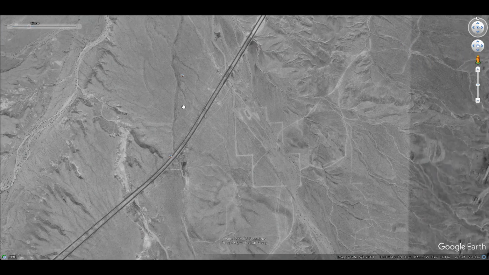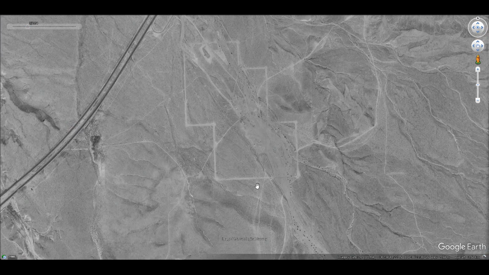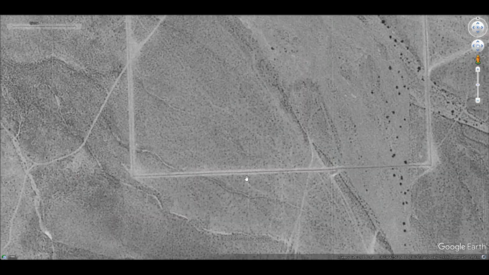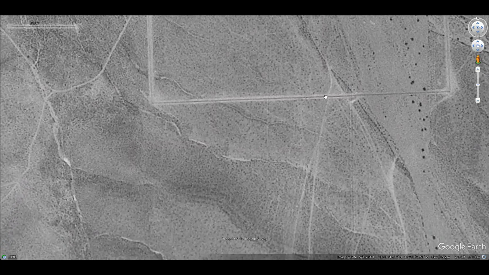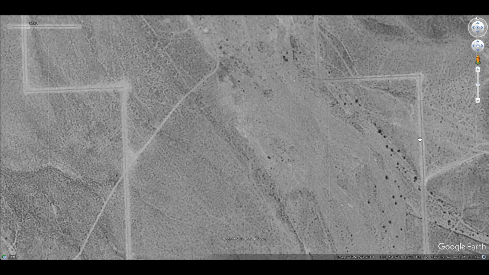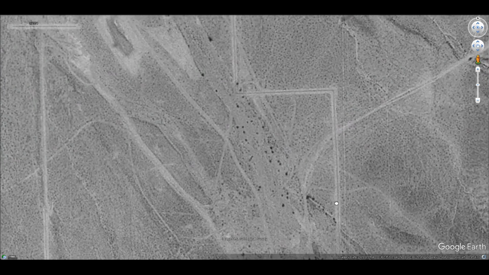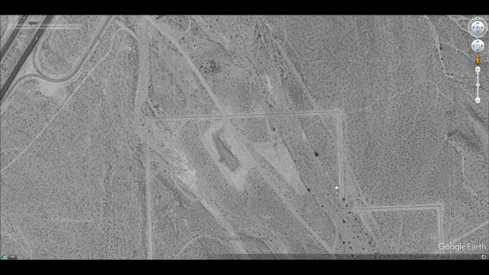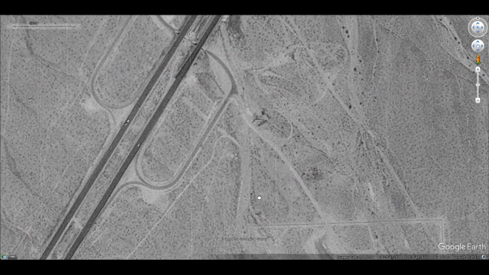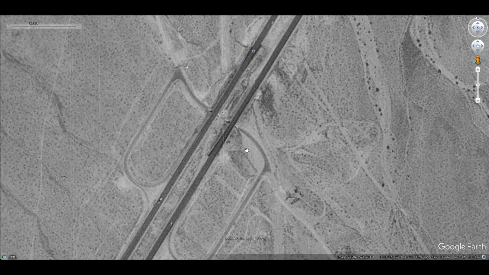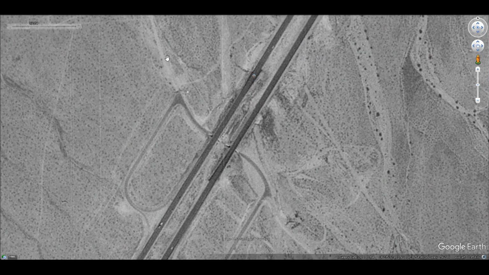Do you see that regular, bounded shape? The picture is from 1994, when nothing was happening here yet. But the roads and ramps already exist here and are unfinished.